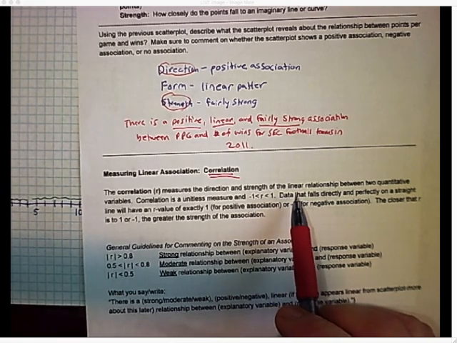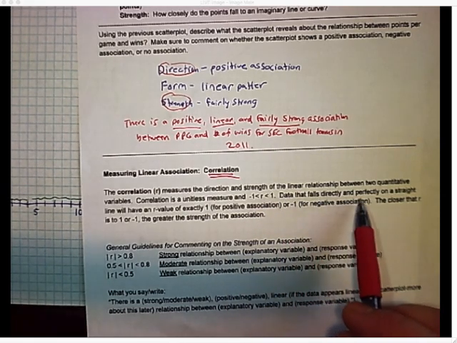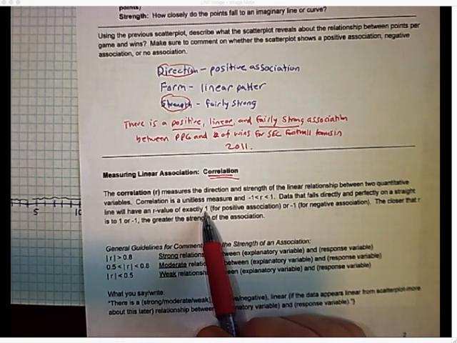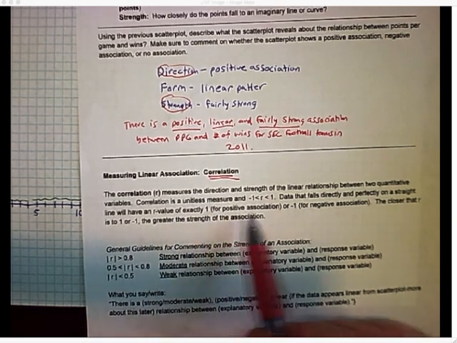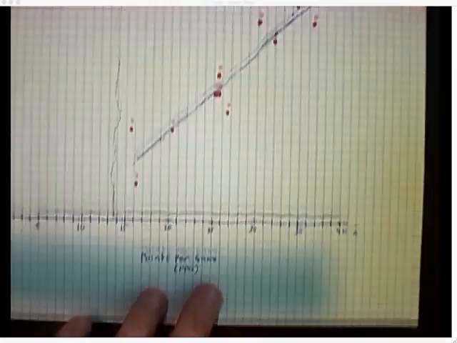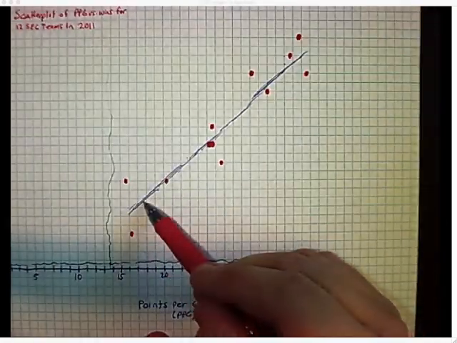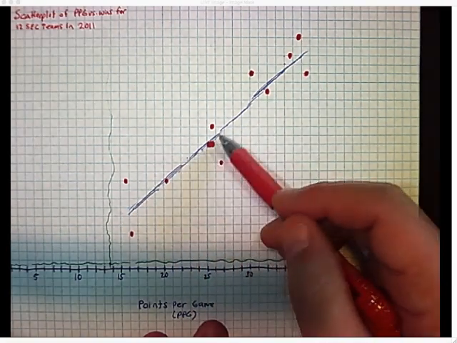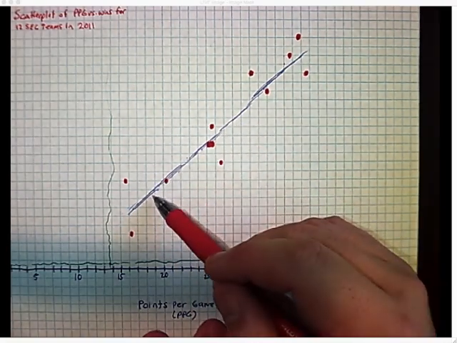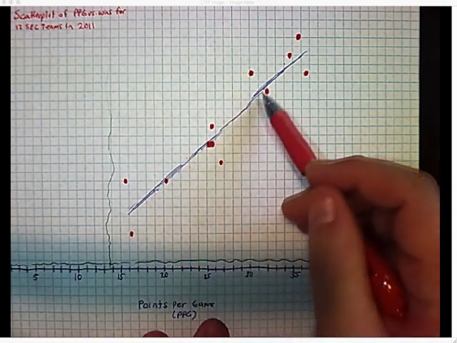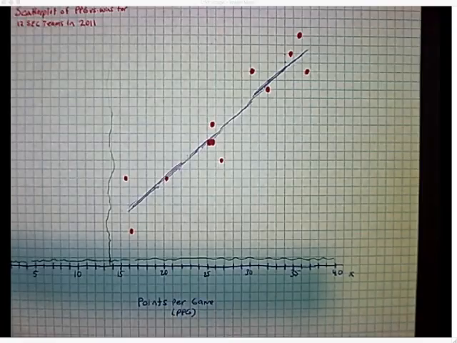Data that falls directly and perfectly on a straight line will have an R value of exactly 1 for positive associations or -1 for negative associations. So just imagine if all of these red points were directly on the blue line, then the correlation value would be exactly 1 because those dots would fall perfectly in a straight line.